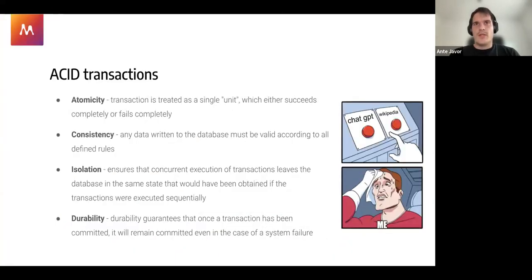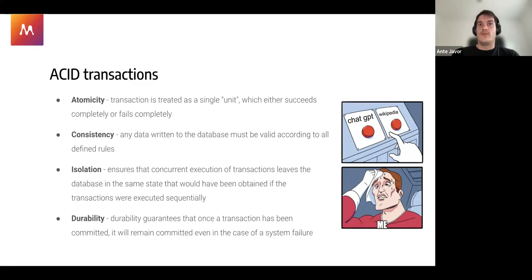What does ACID compliance mean in more general terms? If you ask Wikipedia or ChatGPT these days, you will see a definition similar to this. A stands for atomicity. Loosely speaking, this means that everything is presented as a transaction. We typically have multiple transactions getting executed, and you want to avoid a situation where some part of a transaction got executed and some part did not.